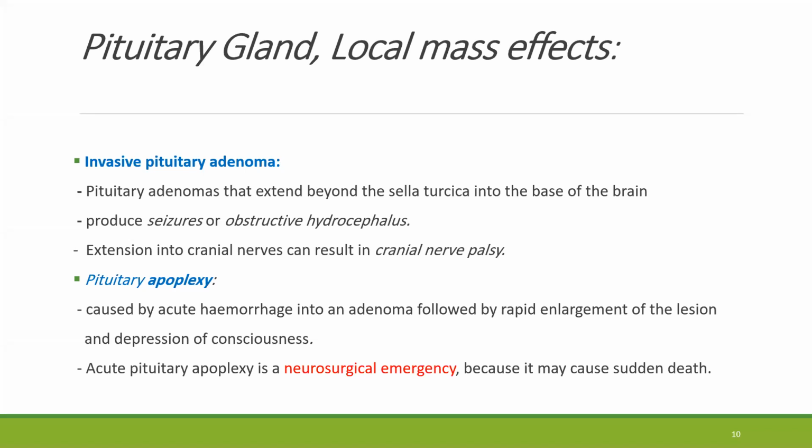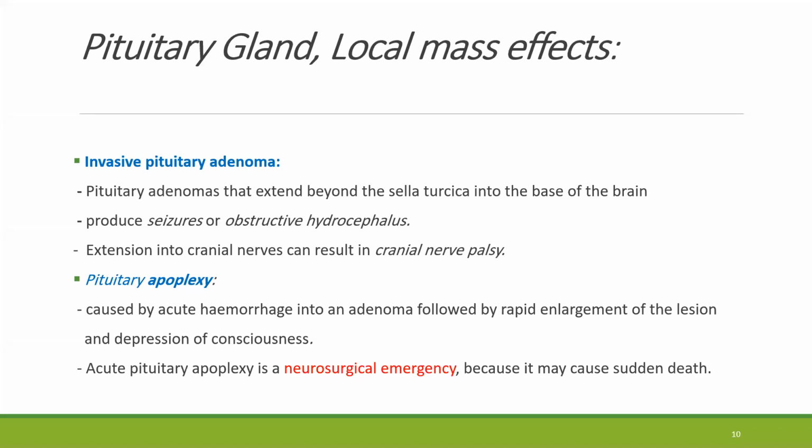Because of the size of the adenoma or maybe some type of adenoma just pushing itself into an adjacent organ. Many times it can produce seizures, can produce obstructive hydrocephalus, and so on. Extension into the adjacent nerves can cause cranial nerve palsy and so on.